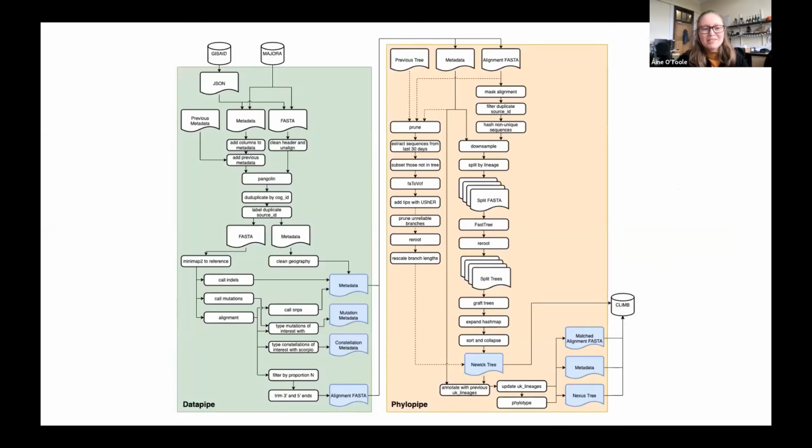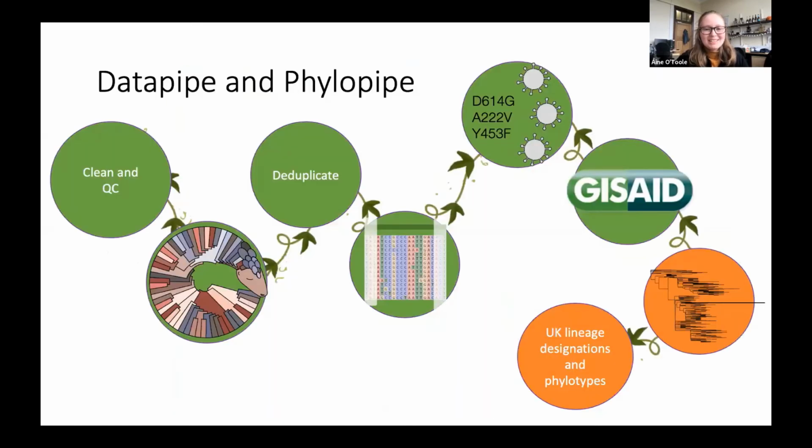In practice, there is a lot that goes on under the hood in Datapipe and Philopipe, but roughly it boils down to this. We clean and QC the data, de-aligning sequences that some sites align before they submit, and checking for things like samples dating from 1980 or an admin 2 of city centre.